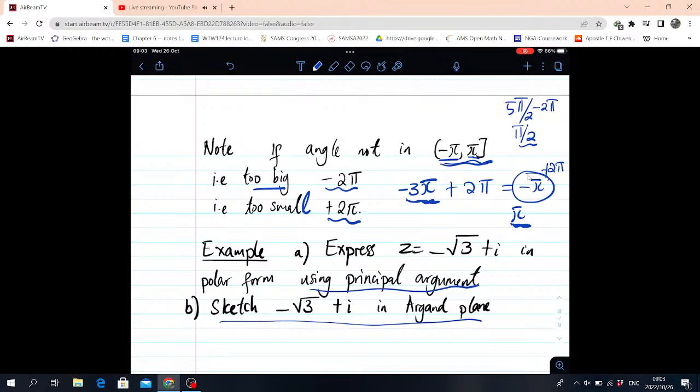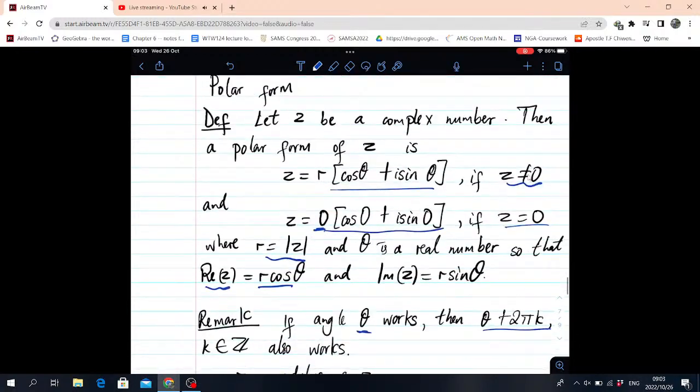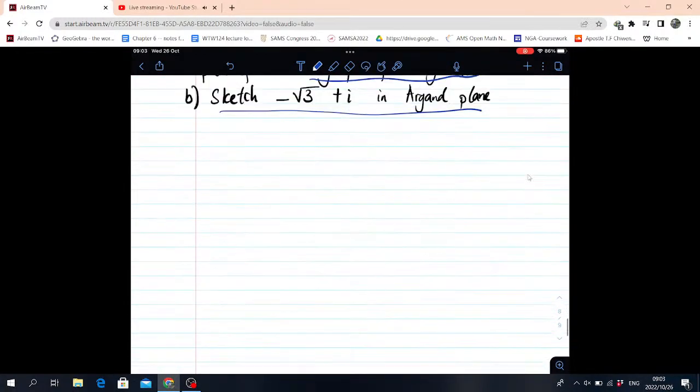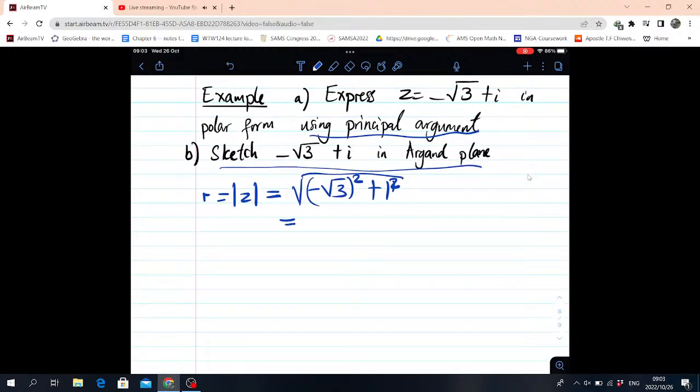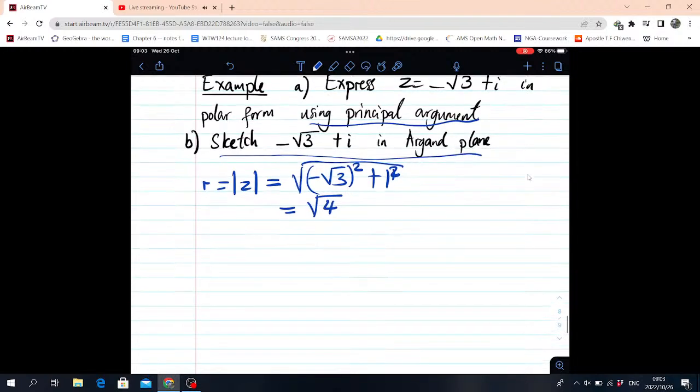So the first thing is, what we are trying to use is this definition. We know that the modulus of z, r, is going to be equal to the square root of minus the square root of 3 squared plus 1 squared, which is the square root of 3 plus 1, which is 4, and that is going to be equal to 2, right?